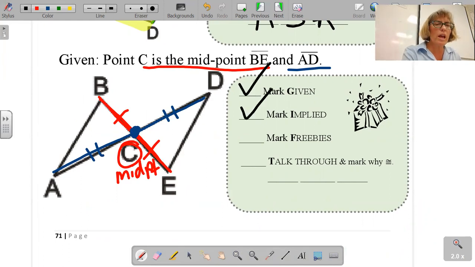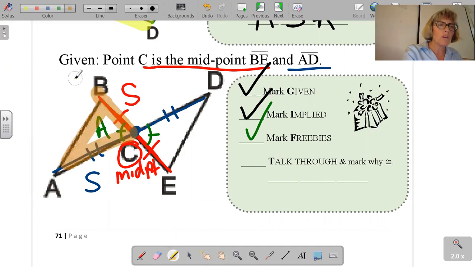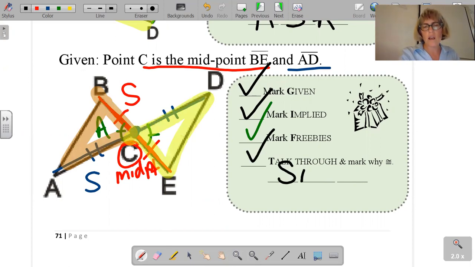Given and implied, we have a pair of sides and another pair of sides. Freebies, the vertical angles are congruent, pair of angles. Talk it through. Why is this triangle congruent to this triangle? The answer would be side, angle, side. Ta-da!